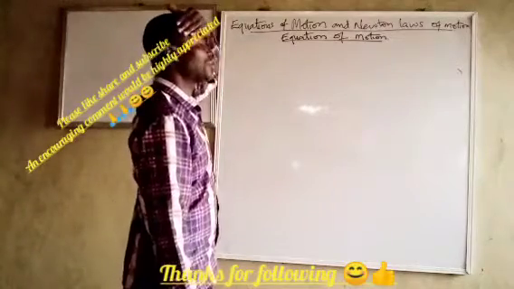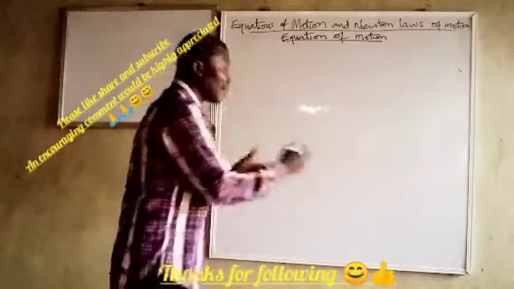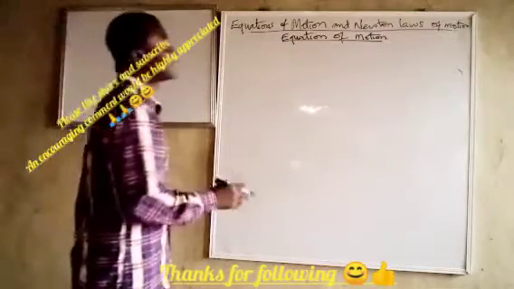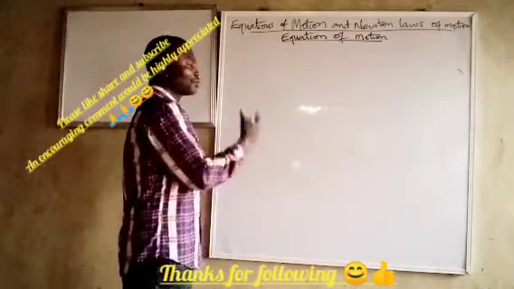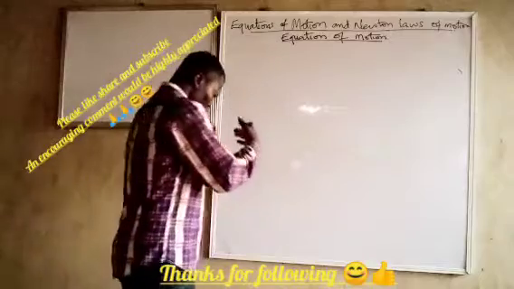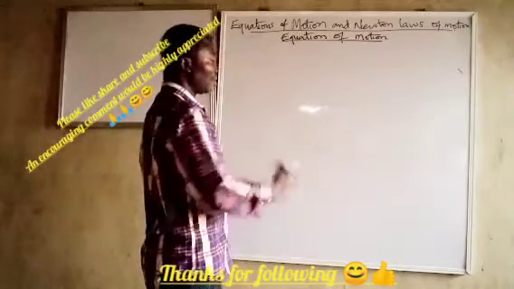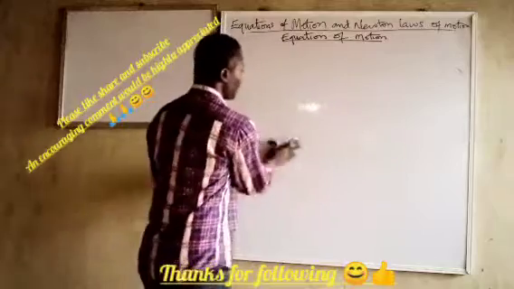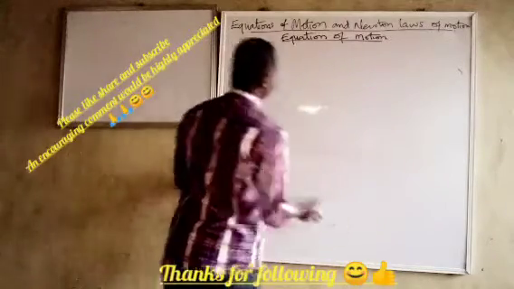Under this equation of motion, I would like us to also talk about graph of the motion. Graph makes it very easy for us to handle so many questions, just like Venn diagram for sets. So as I am explaining this, I will be giving you corresponding diagrams as well.